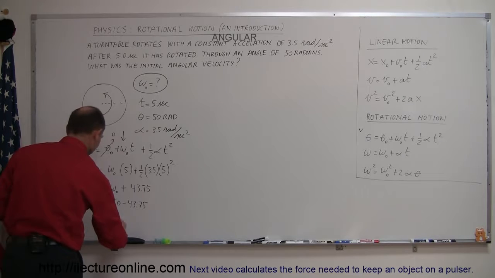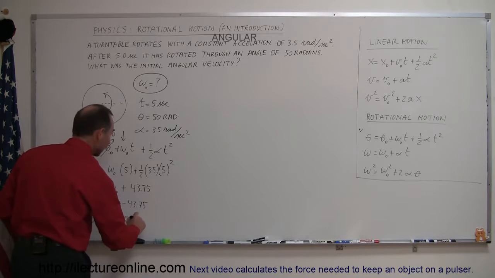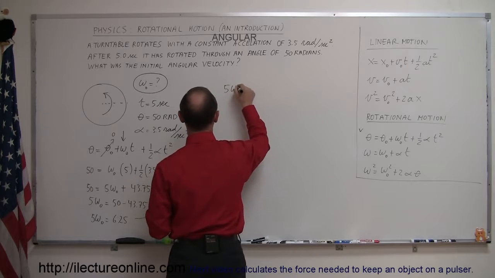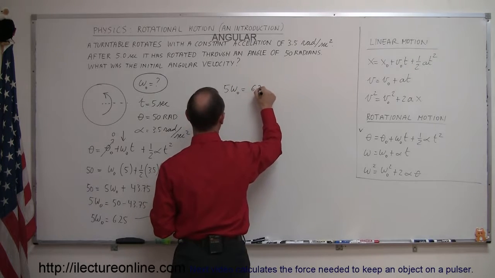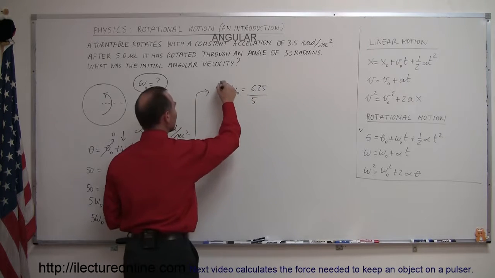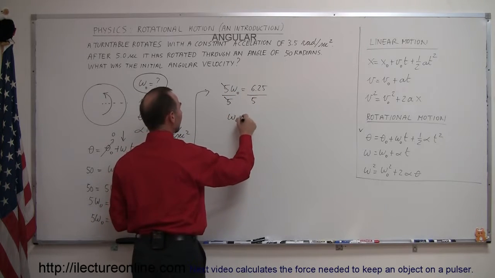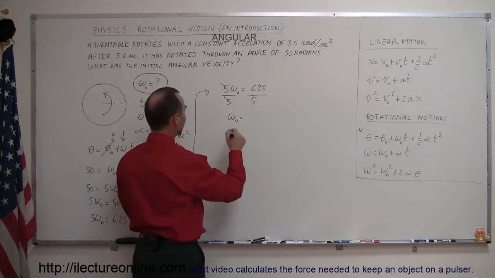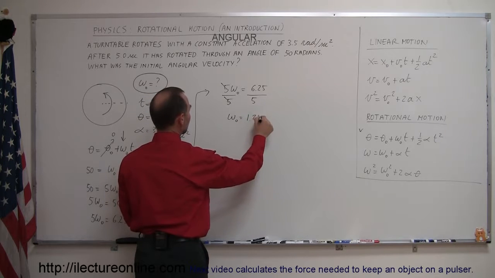That gives us 6.25. So now we have 5 omega sub naught equals 6.25. And of course, now we divide both sides by the coefficient in front of omega. Cancel that out. We have omega sub naught is equal to 6.25 divided by 5 equals exactly 1.25.